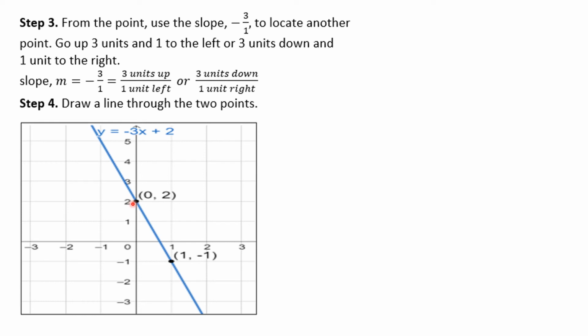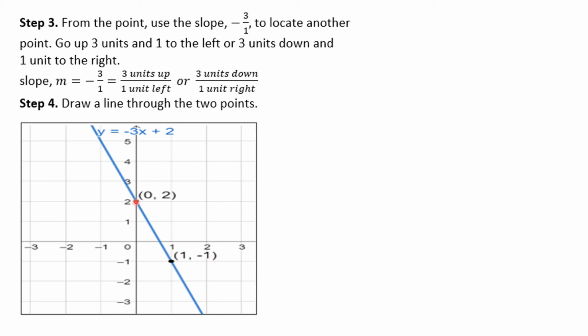Okay, so in this case, ang ginagamit ko ya is 3 units down. So, from 0, 2, amo siya itong starting point ha. Let's count 3 units down. 1, 2, 3. And then 1 unit to the right. 1. So, therefore, ari din isa ka point nag-allocate sa point 1, negative 1.